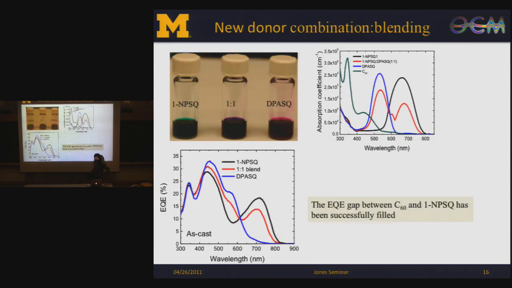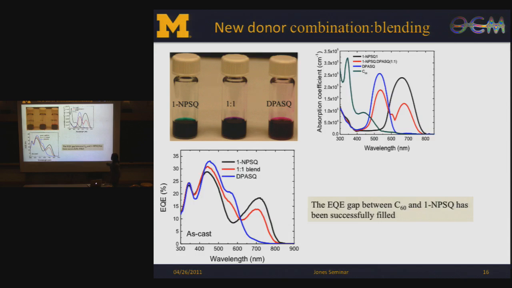So what we do, we use blending. Now we have a new material. We have a green solution here, 1MPSQ. We have a red solution, DPASQ. It absorbs this region with wavelengths from 400 nanometers to 600 nanometers.